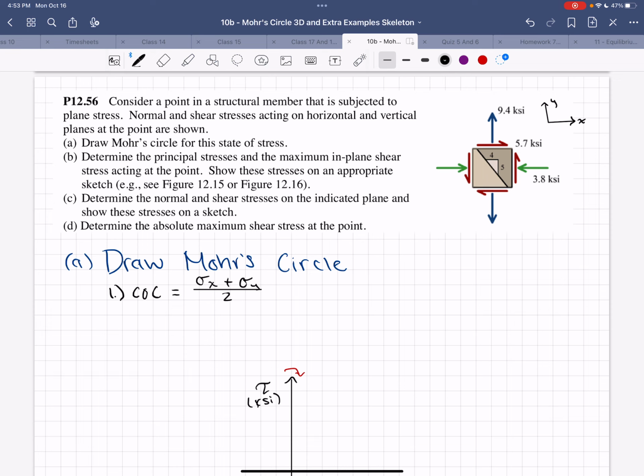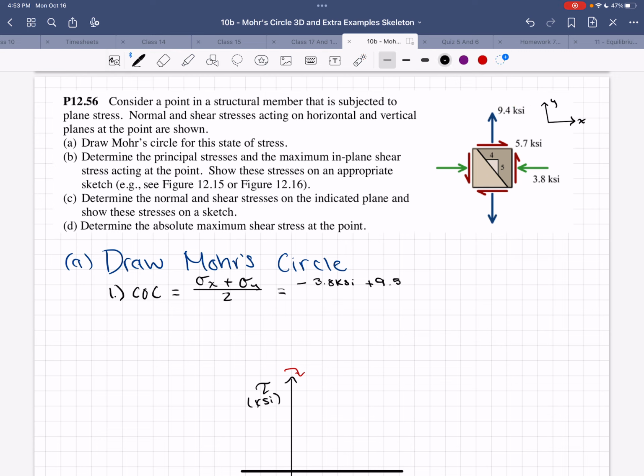Here, sigma x is this one, and it's in compression, so we need to make sure we put it negative. So this is negative 3.8 ksi, and then sigma y is up here, and it's in tension, so it's positive 9.4 ksi.